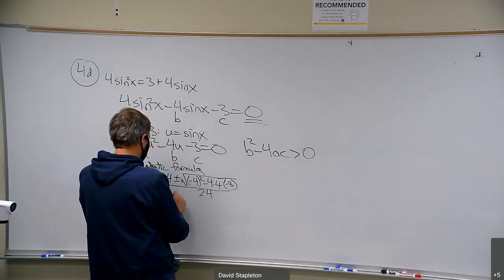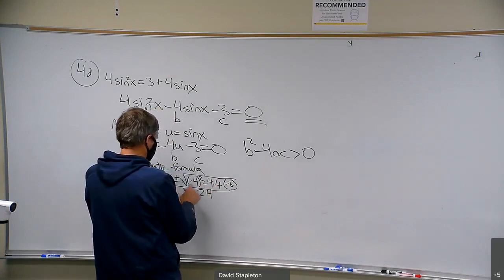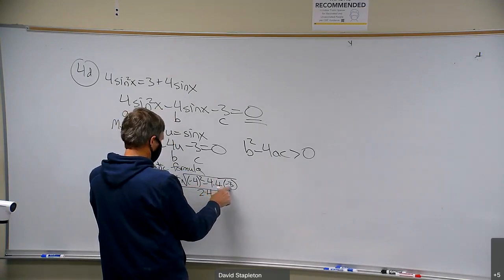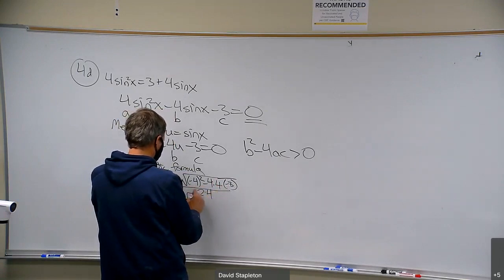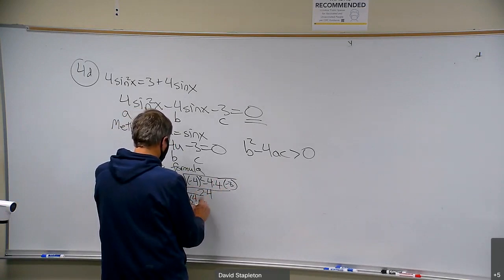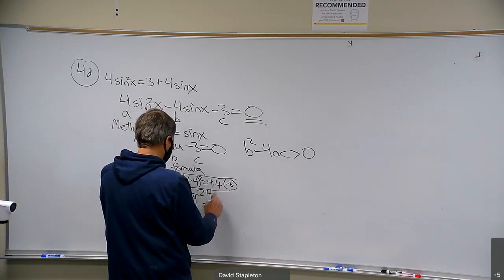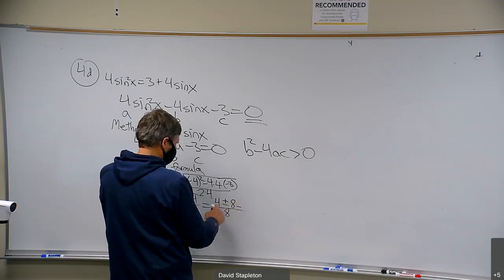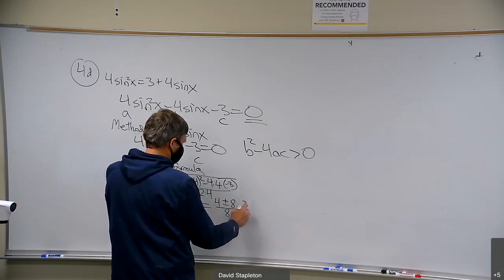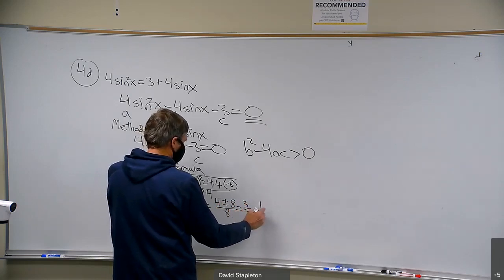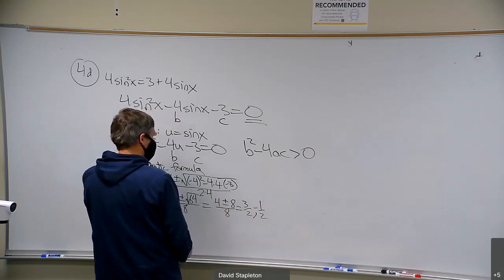And what do I get? 4 plus or minus, see, 16 plus 48 makes 64. So I get square root 64 all over 8. And my solutions will be 4 plus or minus 8 all over 8. Or 12 eighths is 3 halves, and minus 4 eighths is minus 1 half. So there's the solutions by the quadratic formula.